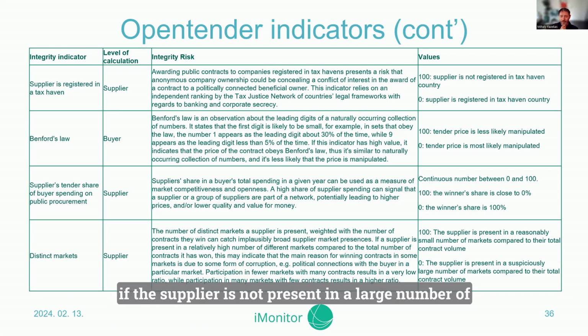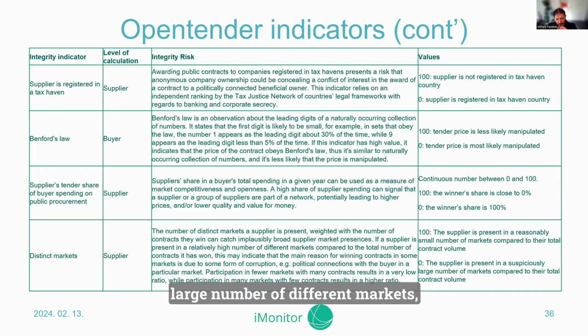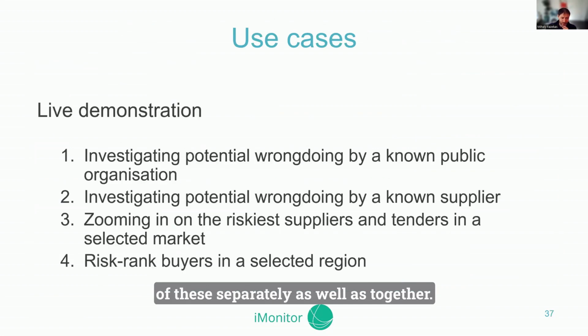So if the supplier is not present in a large number of different markets, that's 100, high integrity. If the supplier is present in a suspiciously large number of different markets, then the distinct markets integrity is low. So open tender allows you to look at each of these separately as well as together.